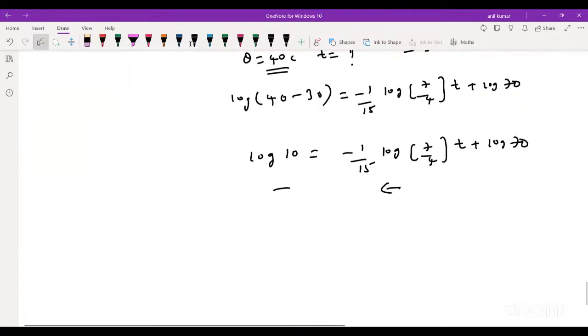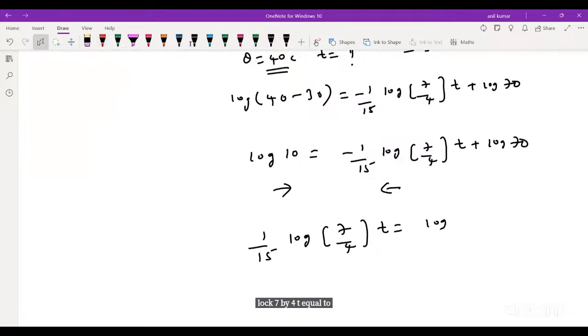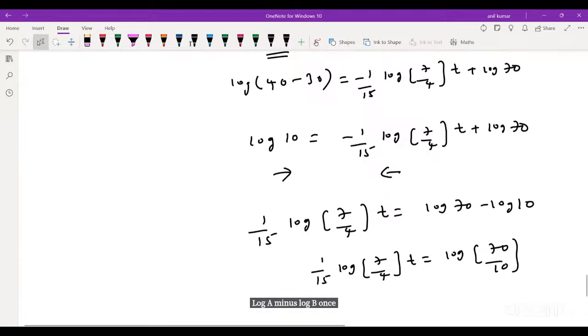Send this term to the left side and send this term to the right side. 1 by 15 log 7 by 4 t equal to log 70 minus log 10. That is log a minus log b. Once again, log a minus log b is log a by b.